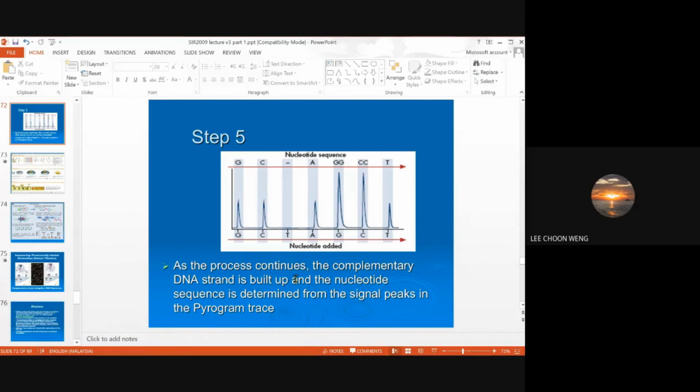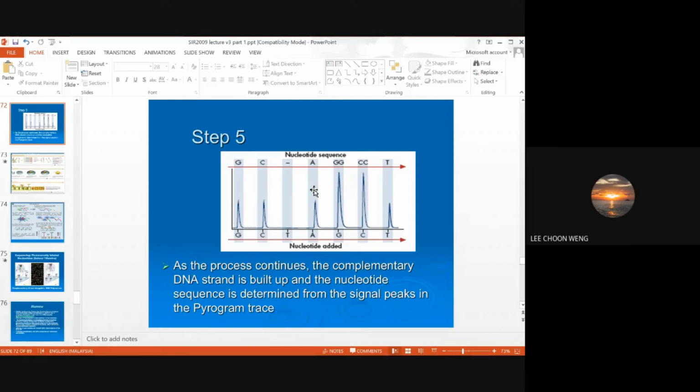Okay, so if you have a lot of G here, let's just say you have 5 continuous G nucleotides, you will incorporate some error here because there is a range of detection where the imaging system can no longer detect.